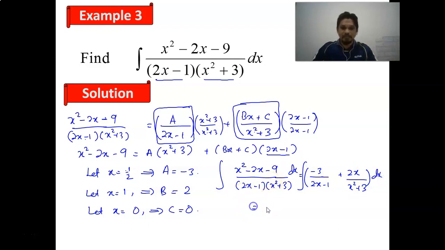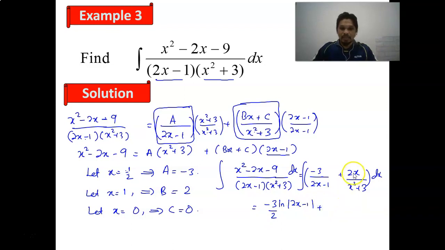Now for this one here, the integral of negative 3 divided by 2x minus 1 is negative 3 natural log of 2x minus 1, and don't forget we divide by the derivative of 2x minus 1, which is 2. So negative 3 divided by 2.